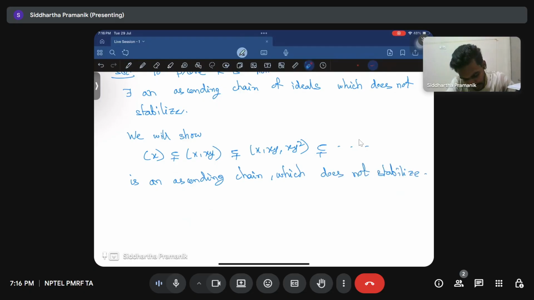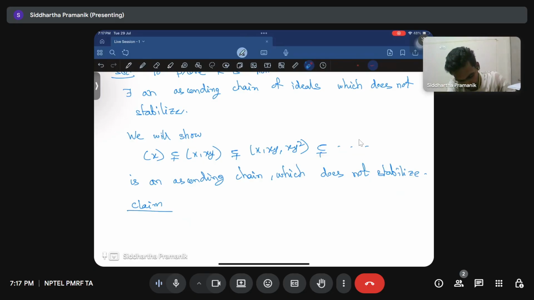It is clearly an ascending chain, but we need to prove that it does not stabilize. It does not stabilize means the strict inequality will occur in every place.